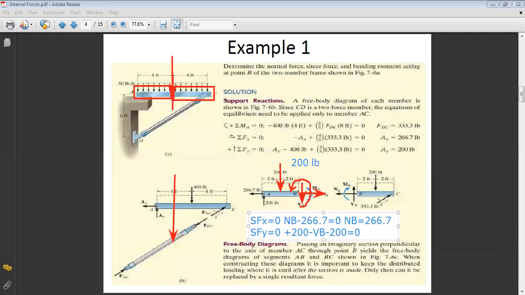And I deduce so that VB is 0. Okay. And this is expected, you know why? Because when we have a symmetrical load on a certain beam, then the shear will be 0 at the middle. Okay, so VB is 0, expected due to symmetry.